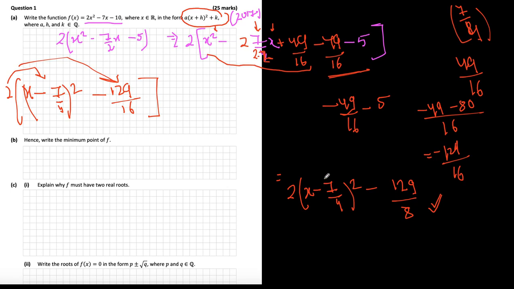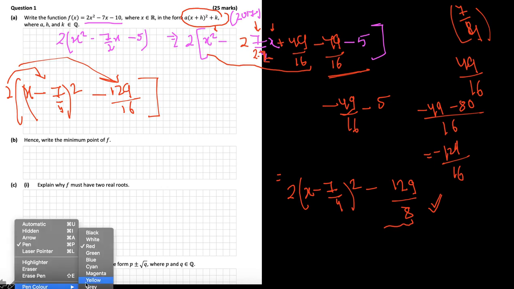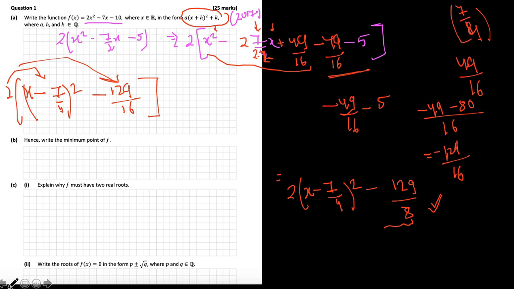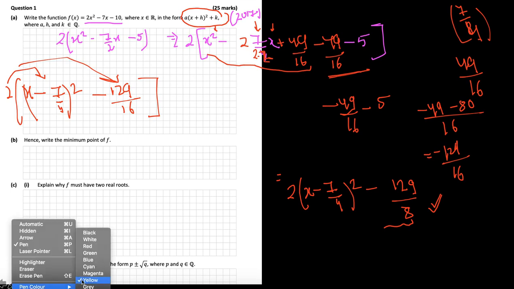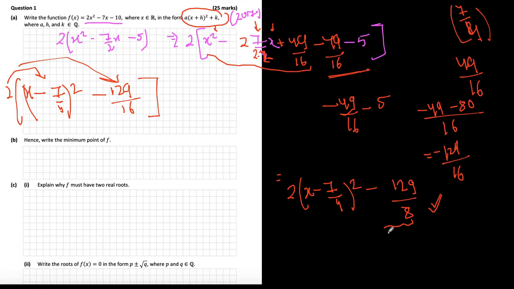Now the next step, they have asked you to find the point of minimum. Okay, so the point of minimum, we know that this will be your y coordinate. Okay, let me choose a different color. So we know that this will be your y coordinate, and if you put whatever inside bracket equal to 0, you will get x equal to 7 over 4.